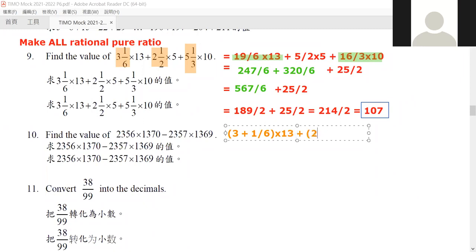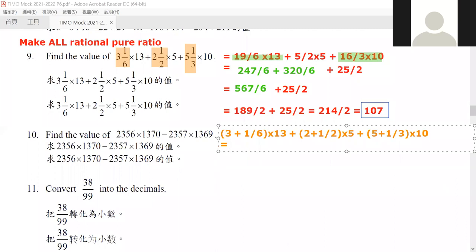And later is 2 plus 1/2 multiplied by 5, plus 5 plus 1/3 times 10. But then, if you think about it, you can now use the distributive law to actually find out each and every one of them by placing all the multiplication inside the bracket, right?